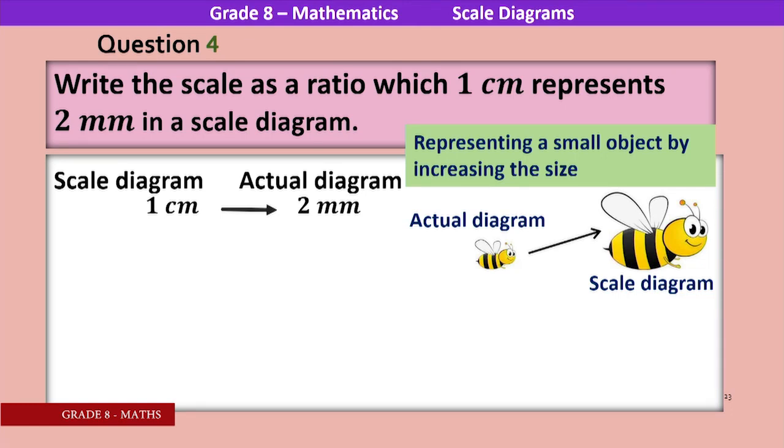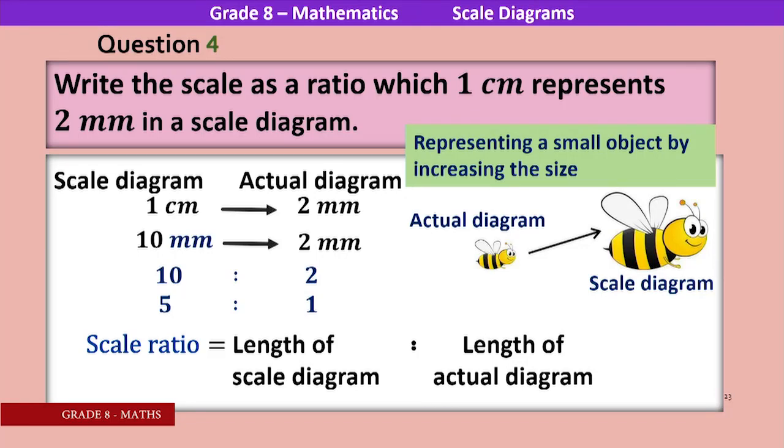You know that 1 centimeter equals 10 millimeters. Then 10 millimeters, here the same 2 millimeters. Then divide both sides by 2. 5 is to 1. Scale ratio, length of scale diagram is to length of actual diagram, 5 is to 1.